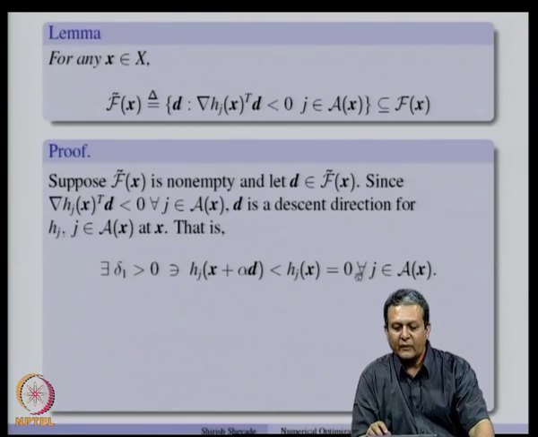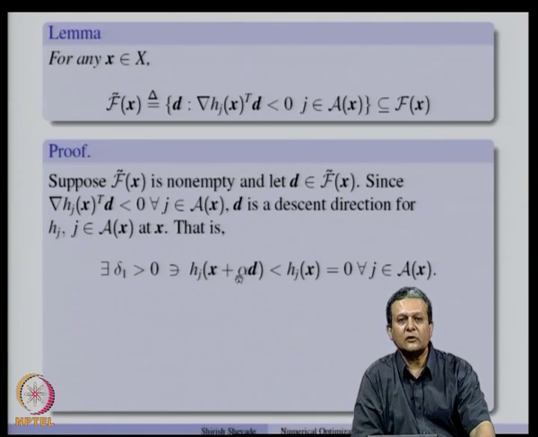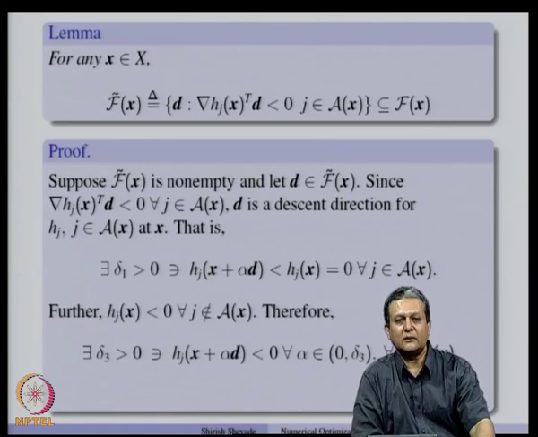And we know that since j belongs to A x, h j x equal to 0. That means that h j of x plus alpha d is less than 0, which means that d is also a feasible direction.